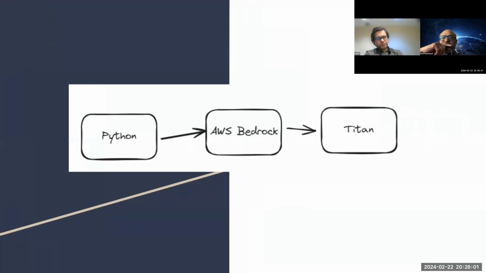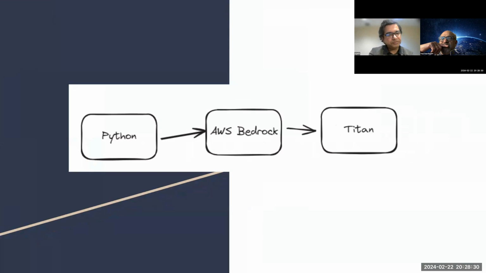Okay. So at this point of time, it is clear to me that I need a language model and I have so many options. I can go with Titan. So in this particular example, I'm going with AWS Titan, which is a proprietary model from AWS. It falls under this whole AWS Bedrock platform.